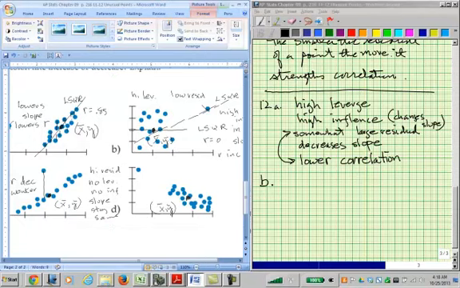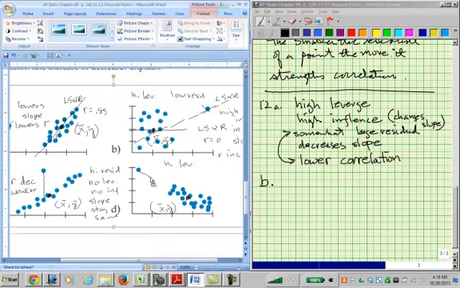Okay, finally, here is X bar comma Y bar. Here's the center of the distribution. Mean of the X's, mean of the Y's, somewhat in here. Okay. Now, this point is far from X bar, has high leverage because it's far from X bar. Now, it will pull the LSQR to it. It has a very low residual.